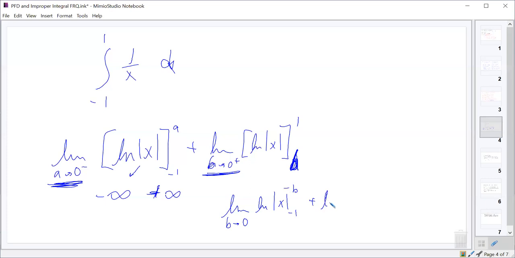New limit here, or just? No, all within the same limit. Okay. Natural log of absolute value of x from b to 1, and this would be b approaching 0 from the positive.